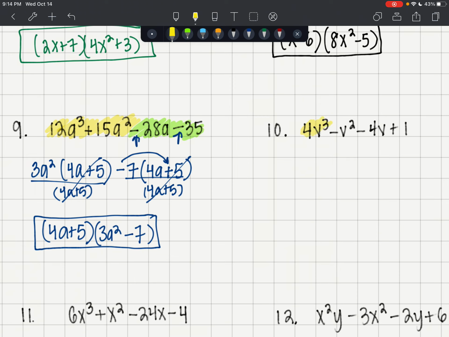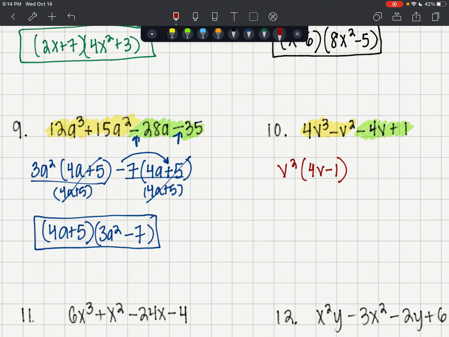Okay, if you want to try this next one, you're more than welcome to try it. However, some of them get to be a little interesting, so let's see what we've got here. I'm going to factor out a v squared, and that'll leave us 4v minus 1.